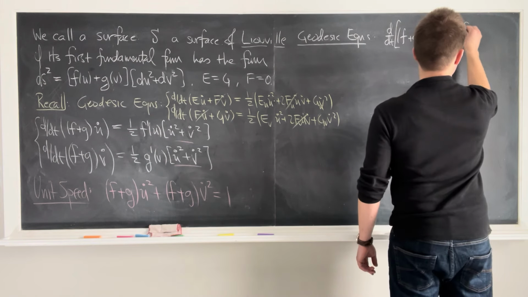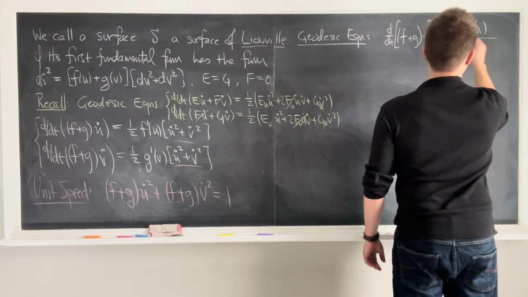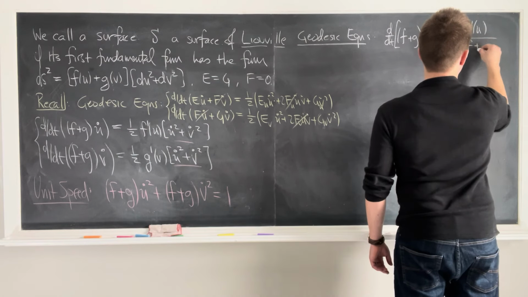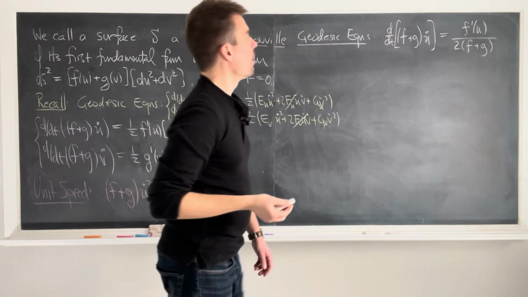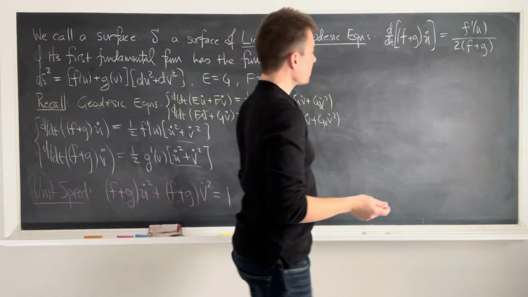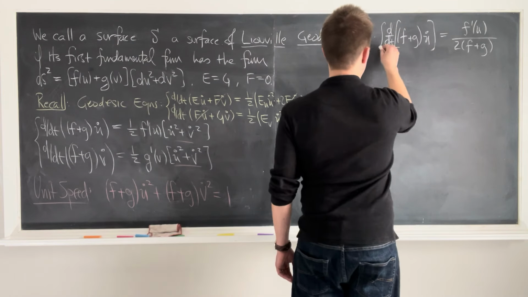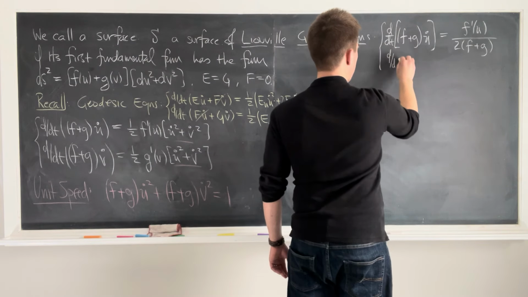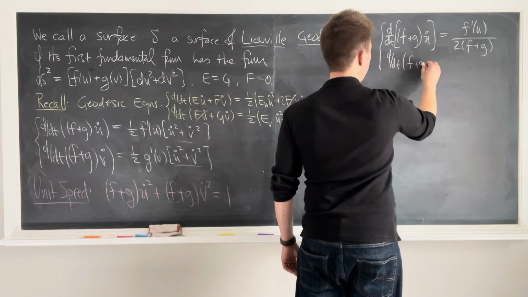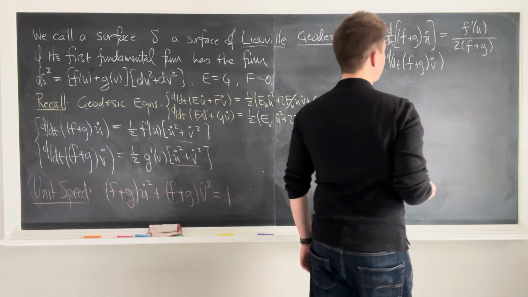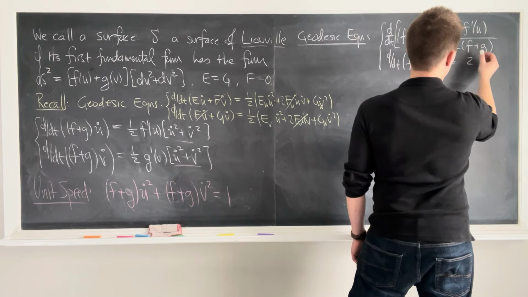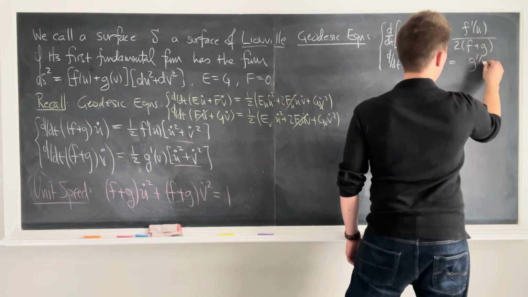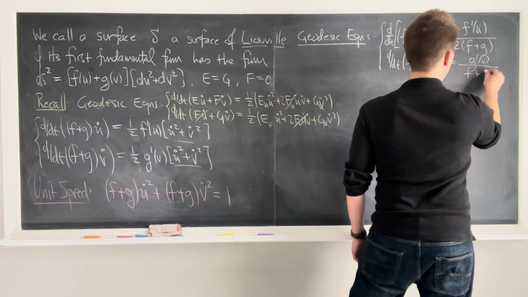And then the second equation is d by dt of f plus g, v dot. I'm going to exploit symmetry here. It's just going to be 1/2 g prime of v over f plus g.